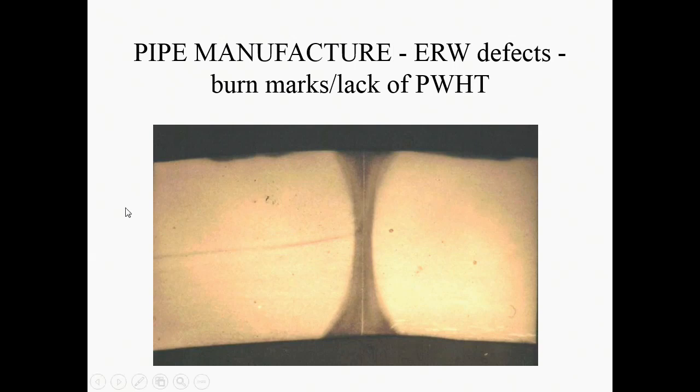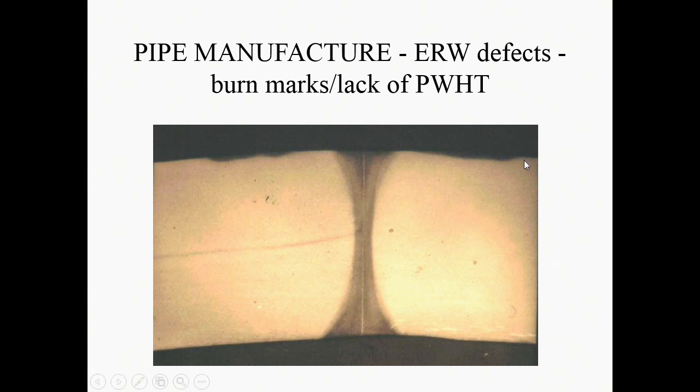Burn marks, you see here, and here. So the post-weld heat treatment, in this case, has actually missed the weld completely. And there's been a bit here, and a bit here on either side of the weld. So you could see that when you looked at it, you get discoloration of the surface of the tube off the edge.